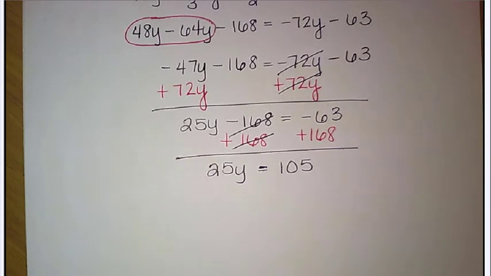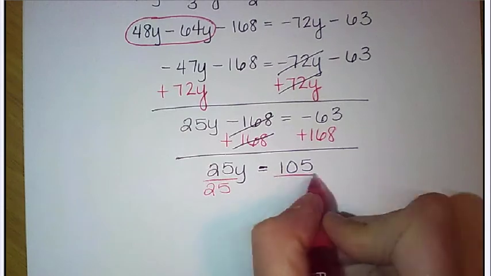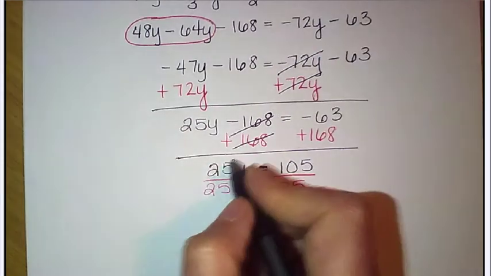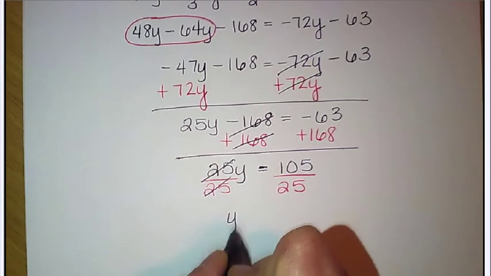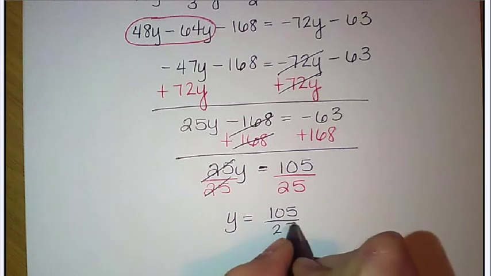Again, we're almost done. We're going to come in here and we're going to divide by 25 on both sides. Notice again our 25s are going to cancel each other out, and we have y equals 105 over 25.